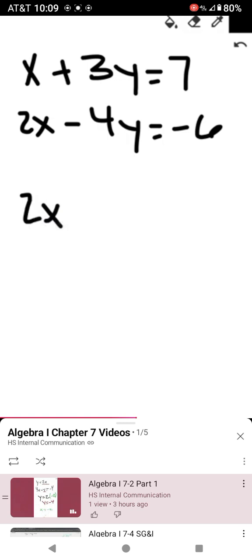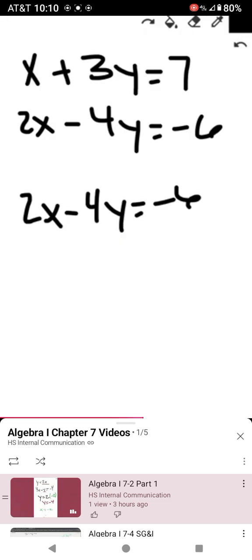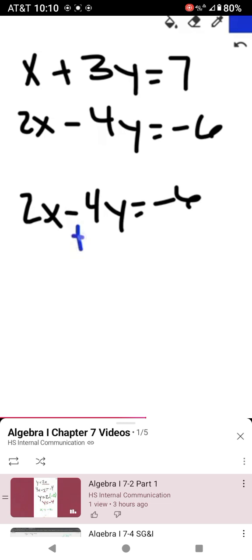So we'll do 2x minus 4y equals negative 6. And we'll go ahead and add 4y to both sides. And we're left with 2x equals negative 6 plus 4y.